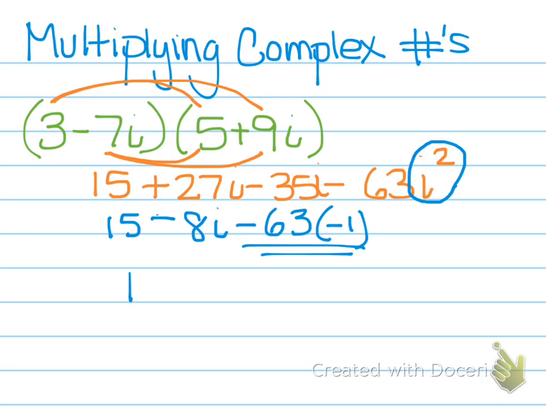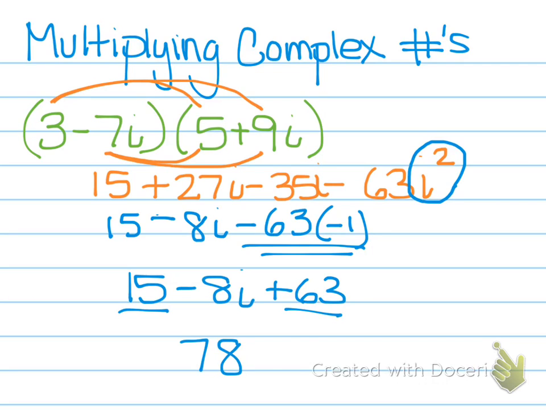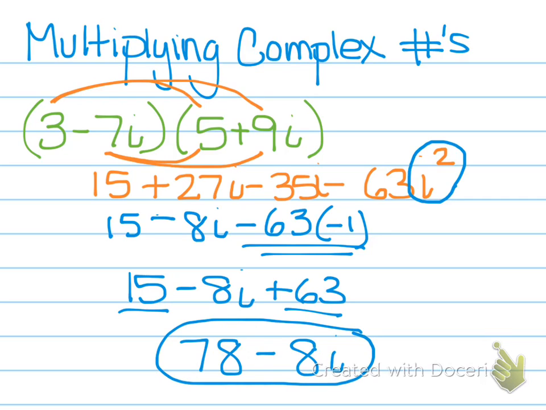So right here, it's going to change to 15 minus 8i plus 63. So then we have 15 plus 63, which gives us 78. We're going to write that first because our real part comes first, and then minus 8i. So this is our final answer after multiplying.